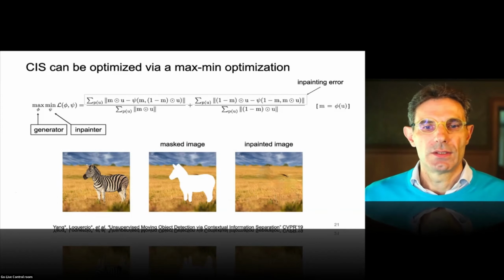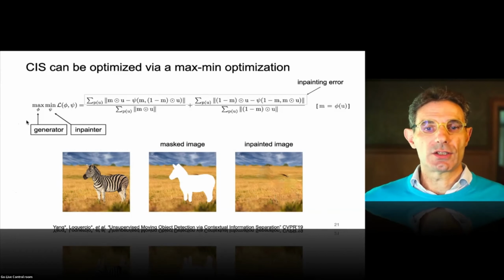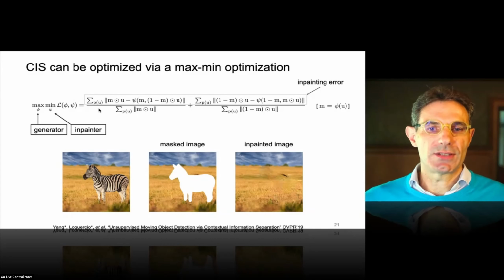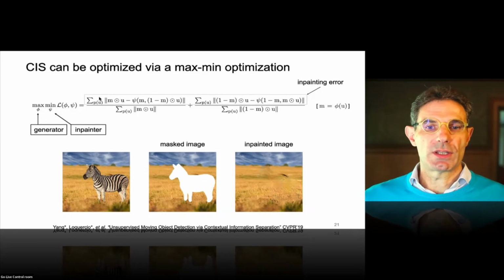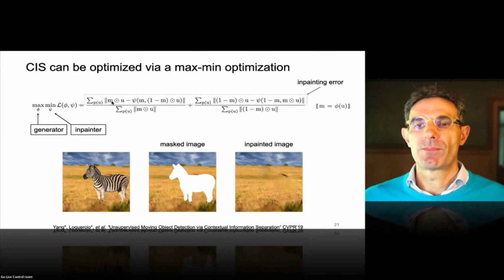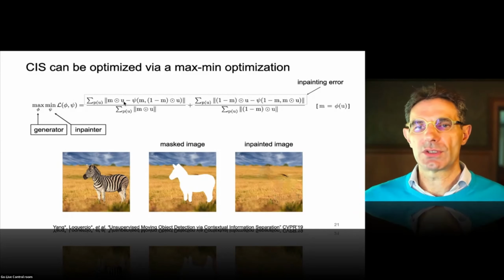This concept translates naturally into an adversarial loss function where an inpainter, for instance, implemented by a trainable module or a deep neural network, tries to fill in the complement as well as possible, while the region is chosen so that the reconstruction is as bad as possible. Here U is any function of the image, for instance, the gray level or the color values or the optical flow or a histogram of filters.